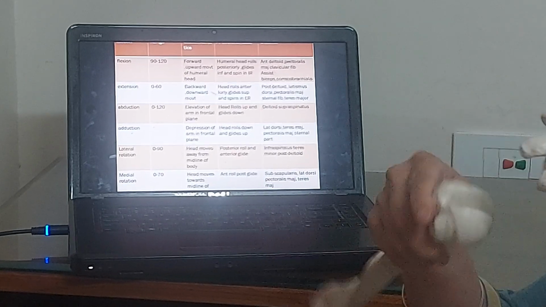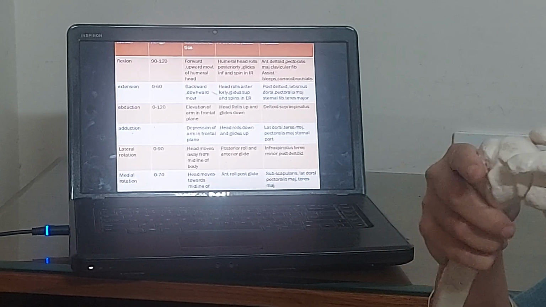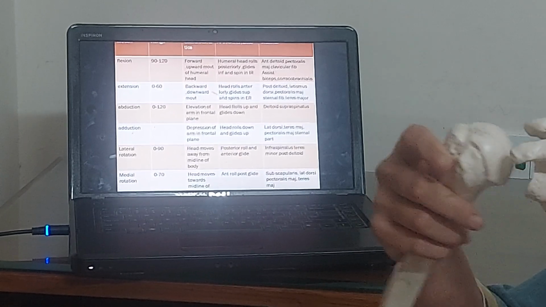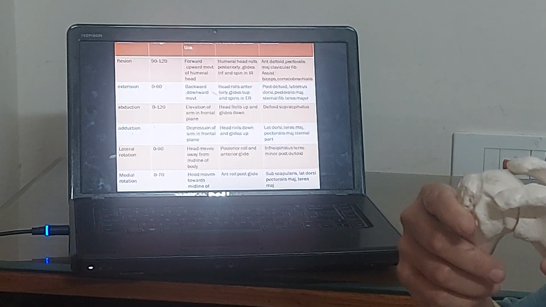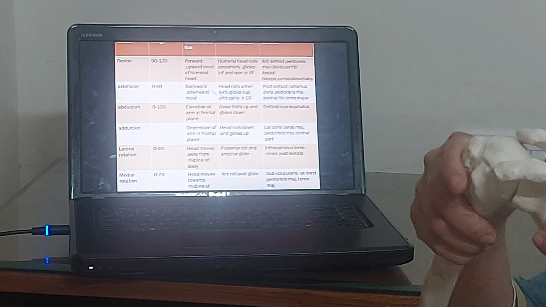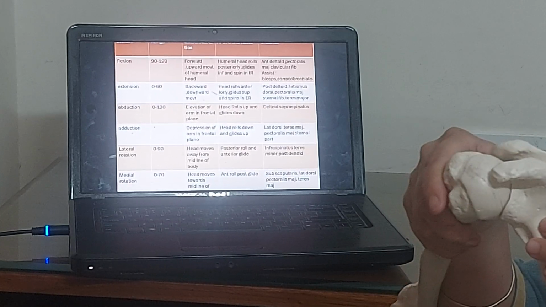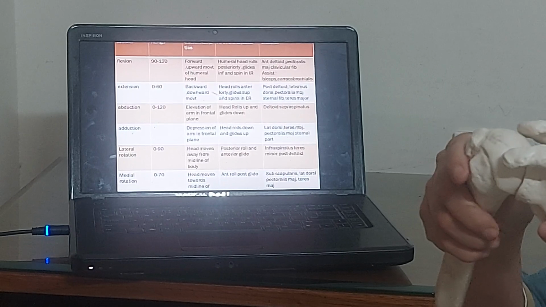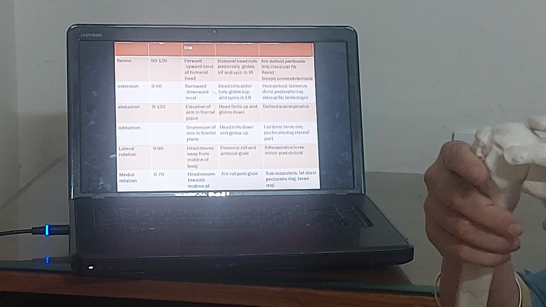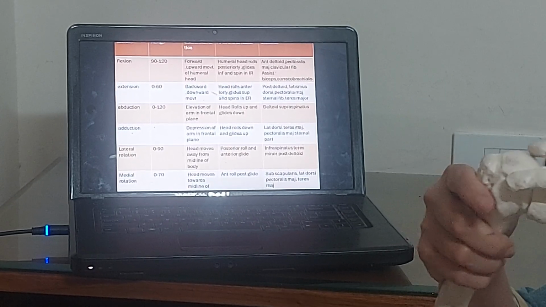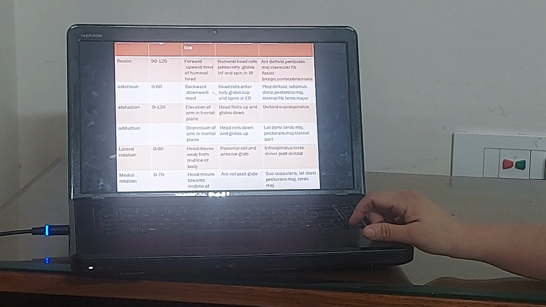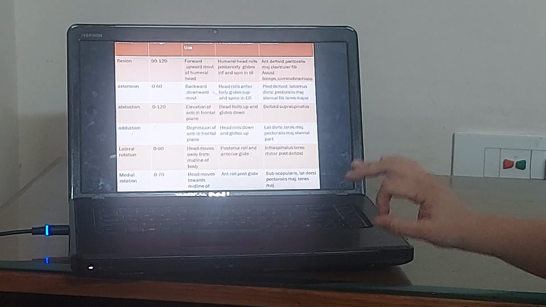In order to prevent translation, that is, the head moving out of this articular surface, this gliding and sliding is very important. So in extension the head is again rolling anteriorly, gliding superiorly, and spinning in external rotation, so that the joint is congruent. The range here, you can see, in flexion is 90 to 120 degrees, the pure shoulder humeral range.